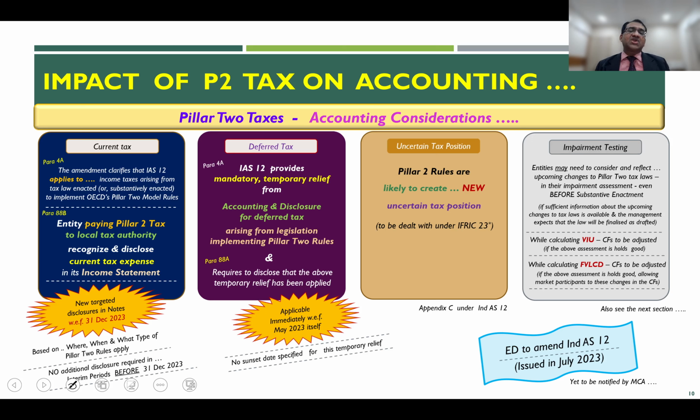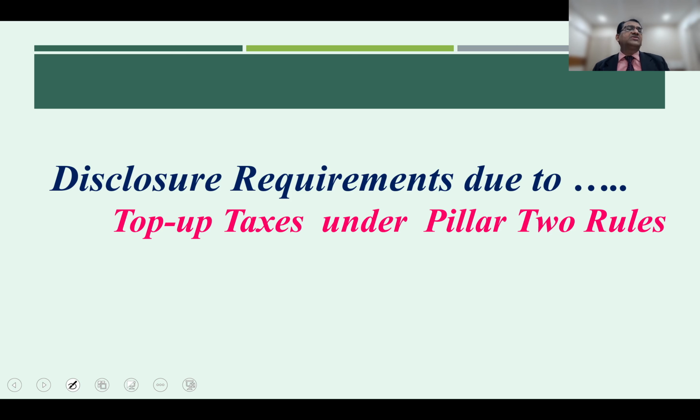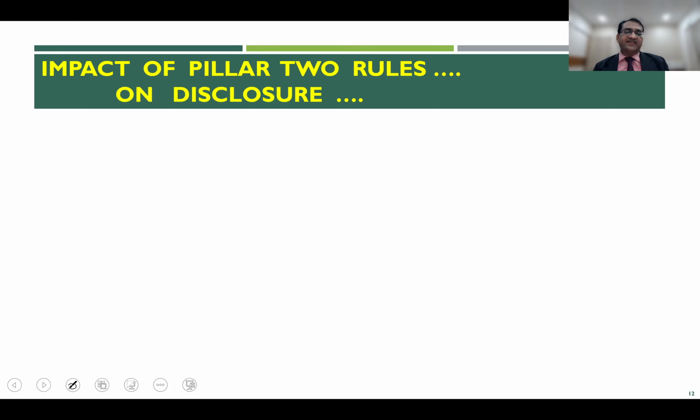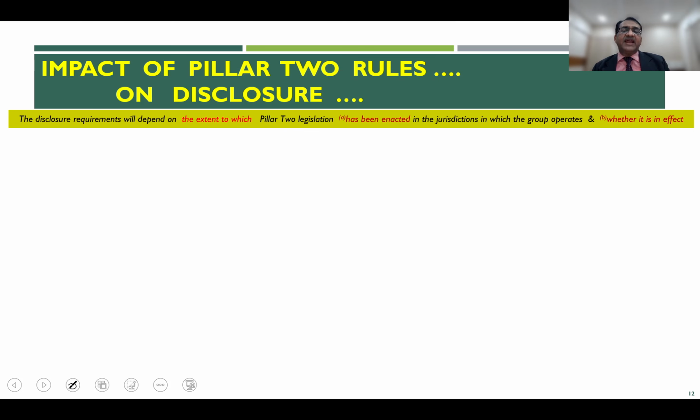Now, this is the impact which the Pillar 2 rules will have. Now let us see what the disclosure requirements are due to the top-up taxes. As I have said, the disclosure requirement will depend upon to what extent the Pillar 2 legislation has been enacted in the various jurisdictions where the MNE group operates, and whether it is already effective or just enacted and yet to be effective.